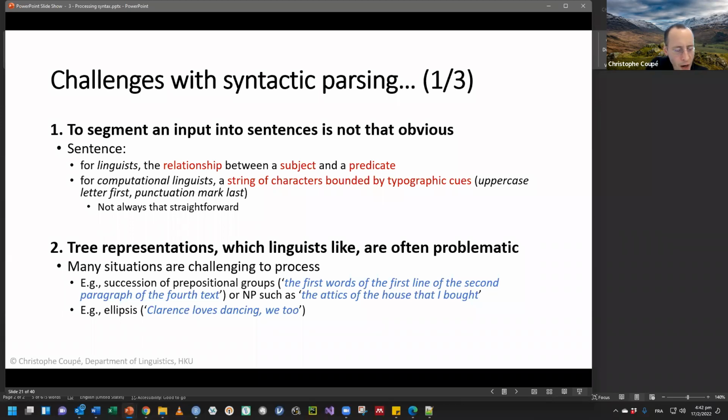So you see that we are at very different levels here. For linguists, the definition of a sentence is quite conceptual. For a computational linguist, or let's say a programmer, a computer guy, that's very different. It's not about concepts, it's about characters in UTF-8, in Unicode, or in ASCII. And then you look for some specific things for the beginning and the end.